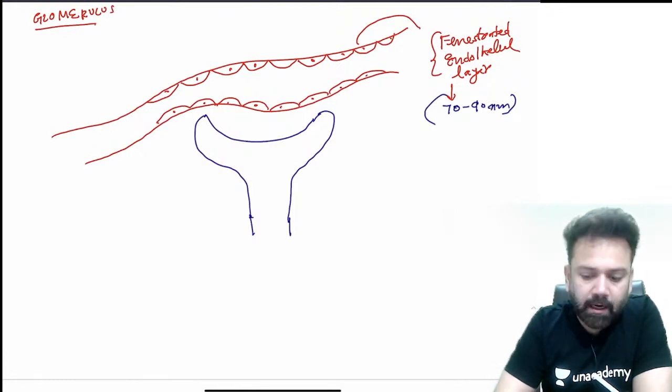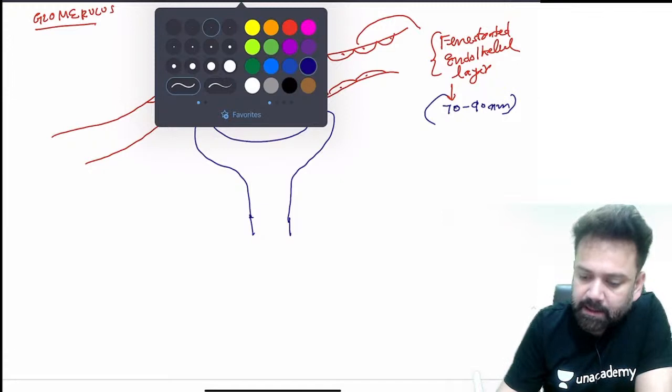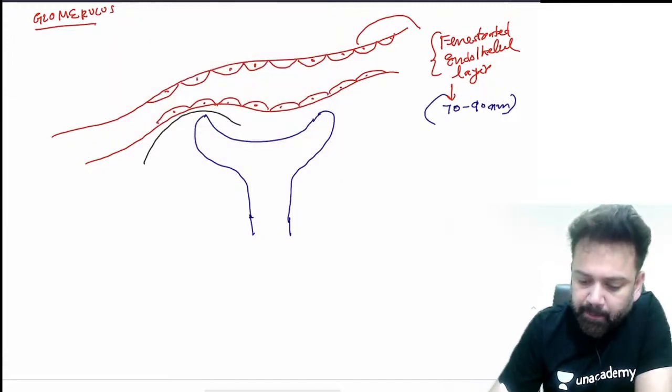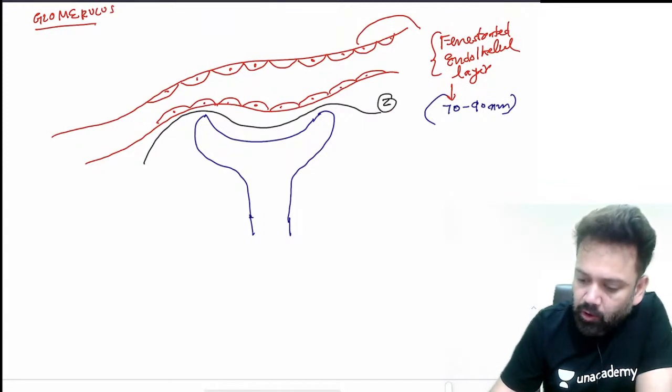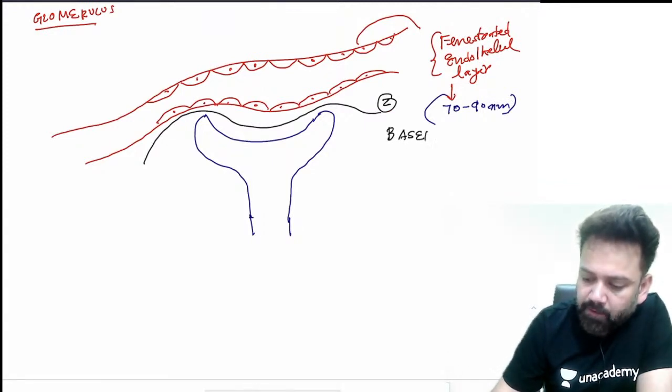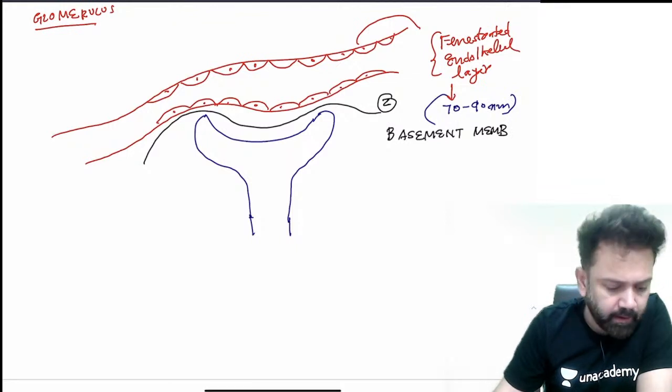And after that the second layer is the basement membrane. So basement membrane is formed of what?